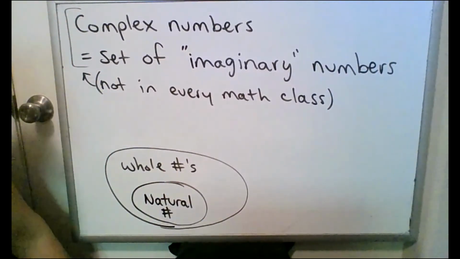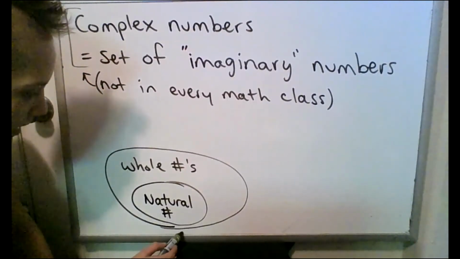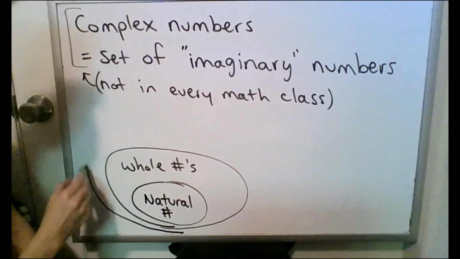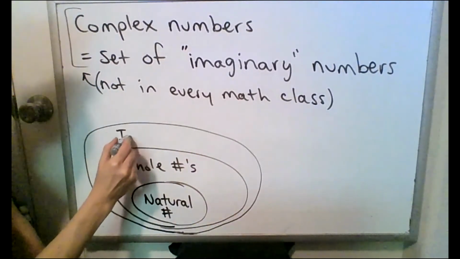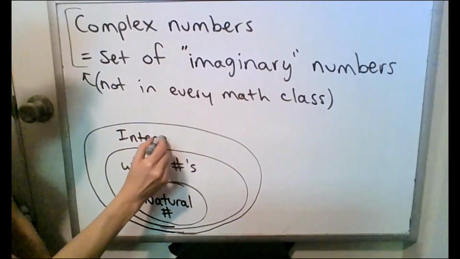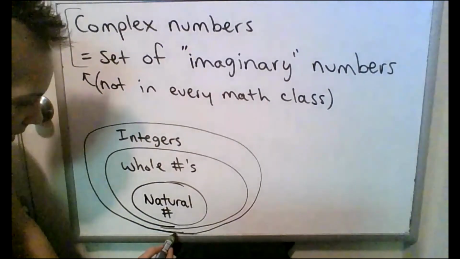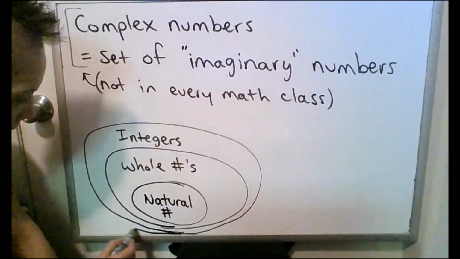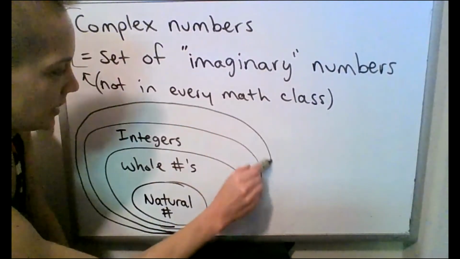And then we went on to the integers, which is the whole numbers and also negatives of those numbers. After that, we had the rational numbers, where you can have things like 1/2 or -3/5, things that can be written as fractions.